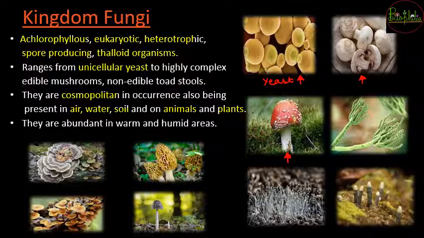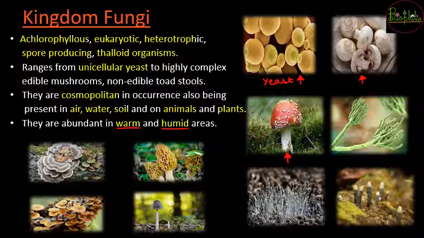So you say that kingdom fungi के जो members हैं they are going to be cosmopolitan, found everywhere. And majorly they are going to be present in places where there is warmth, थोड़ी गर्माहट है और पानी का content अच्छा है, that is humid areas. So this is the favorite location of fungi where they like to grow, that is warm and humid areas.